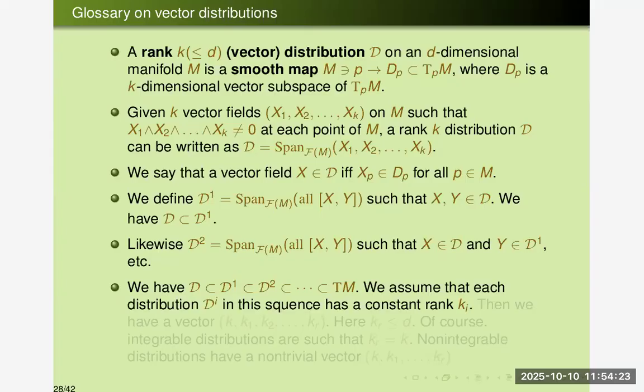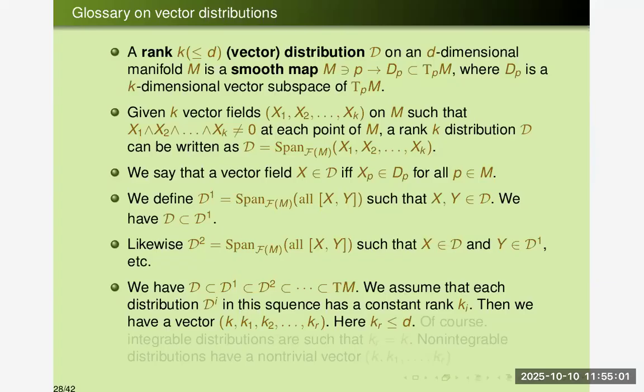So I assume that each such distribution, Di, has a constant rank. Okay, so it is a distribution in my sense. So associated to a distribution D, you have a vector of non-decreasing integers, which are just the ranks of D, D1, D2, and so on. The last of them may be integrable, so it has the rank of this integrable one, or if it is non-integrable, the last would be just the dimension of the tangent space.